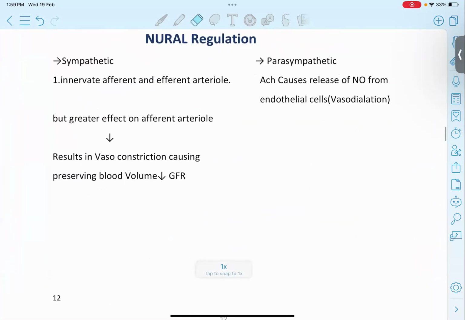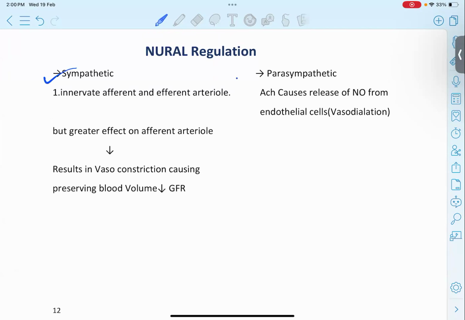Next is the neural regulation. Neural means neuronal. The kidney is a viscera, and visceral neuronal activity is always autonomic. Autonomic means sympathetic and parasympathetic.